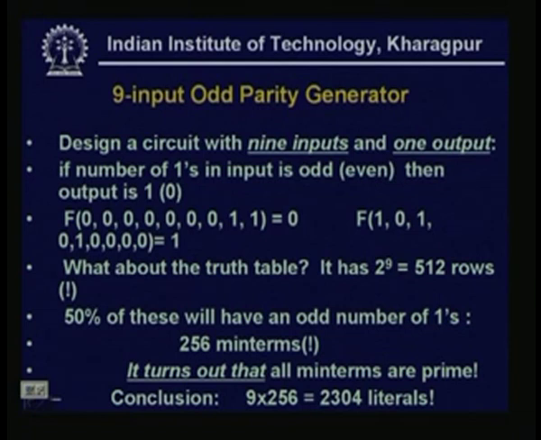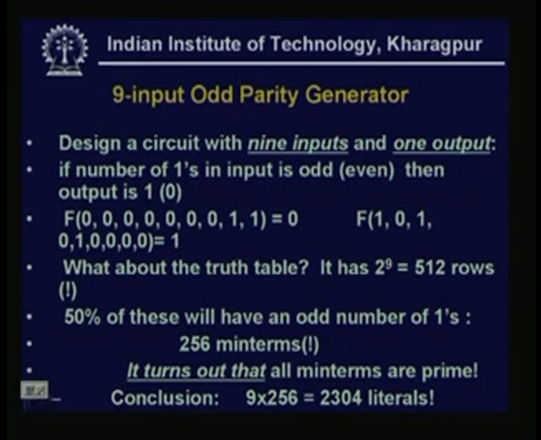So we define the parity depending on the total number of ones in the input, and accordingly the output is defined. Take a 9 variable function f of the variables a, b, c, d, e, f, g, h, i. If h and i are 1, there are 2 inputs which are true. As this is even, the output will be 0.